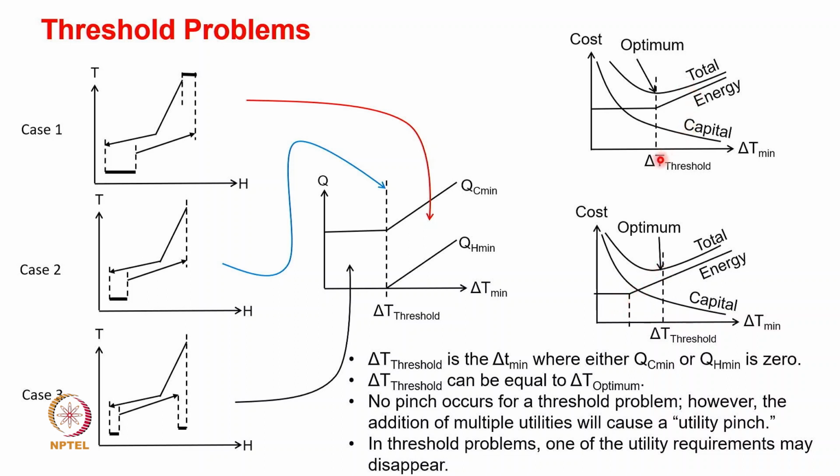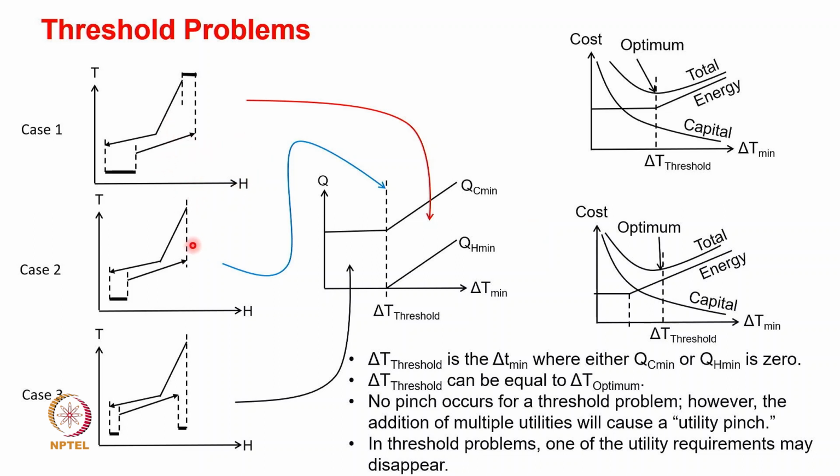Here you can see that at the threshold, your energy requirement becomes flat. And your optima is still over here, but your threshold is going to be maybe lesser than that. So these are certain conditions that you might see while playing around with the hot stream and cold stream.